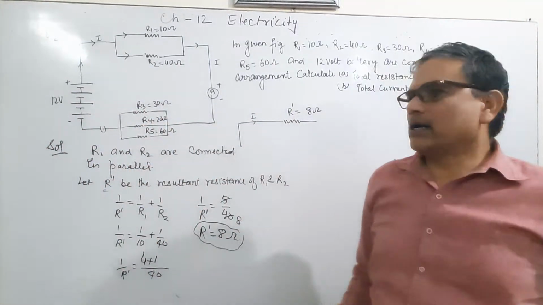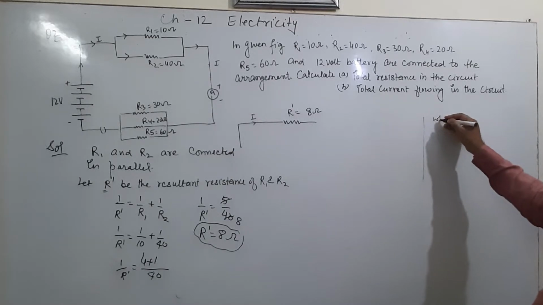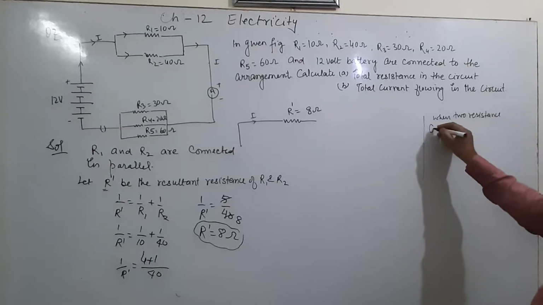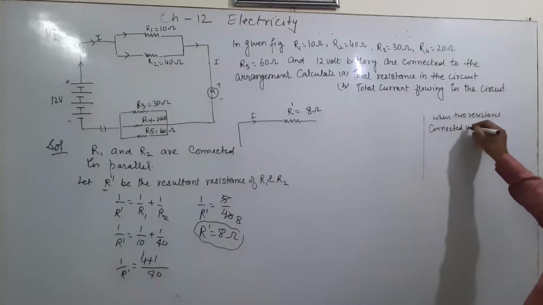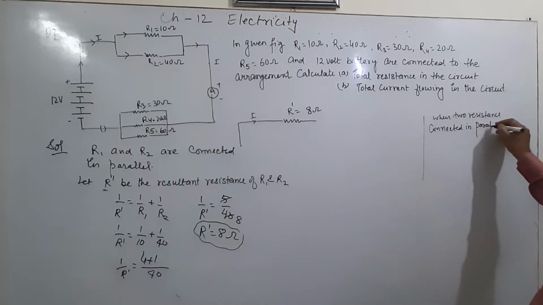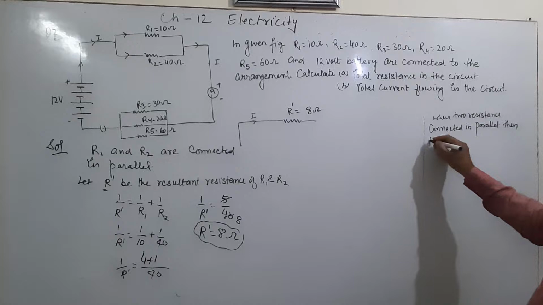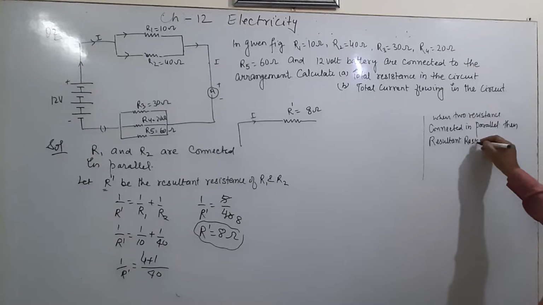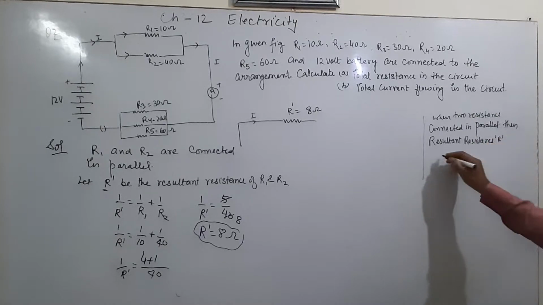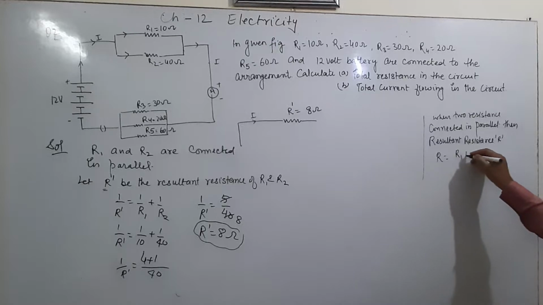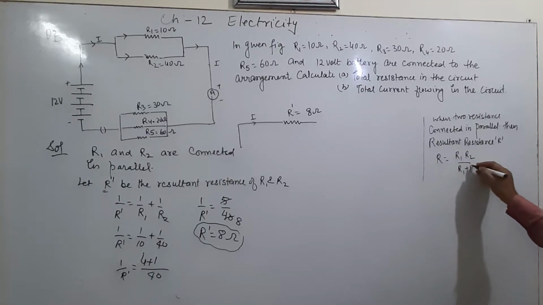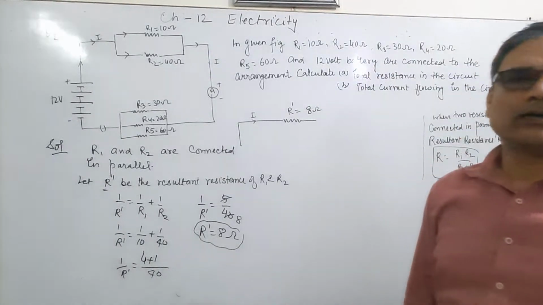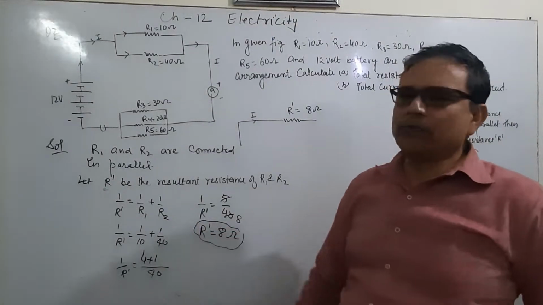For two resistances, when they are connected in parallel, then the resultant resistance R is equal to R1 R2 upon R1 plus R2. We can apply the direct formula also. This R dash we can obtain by using the direct formula.